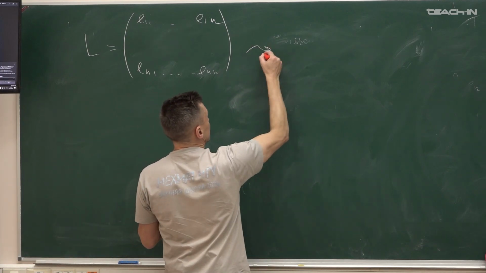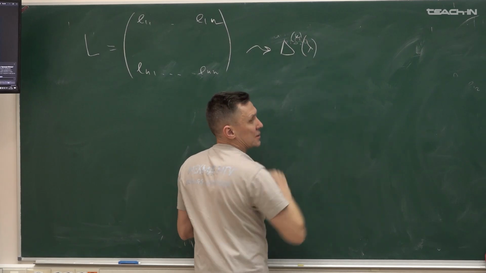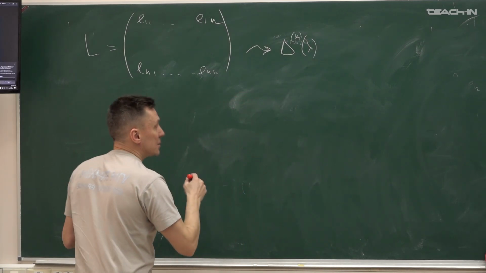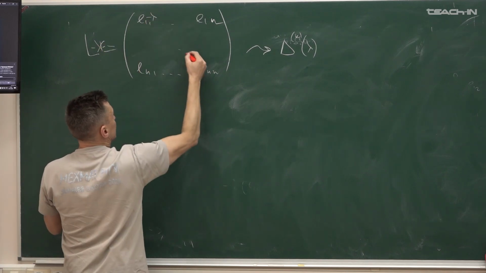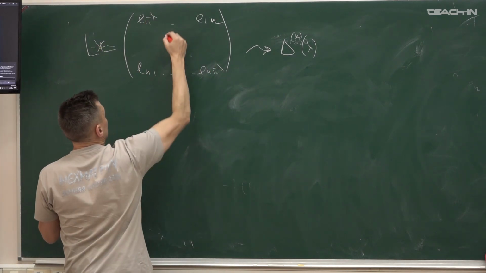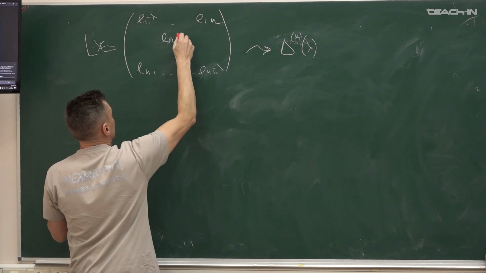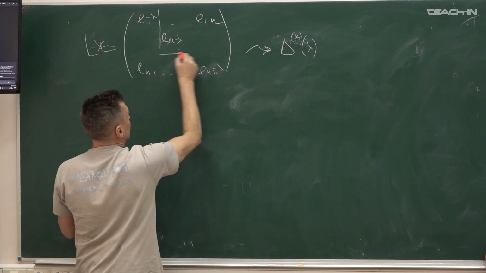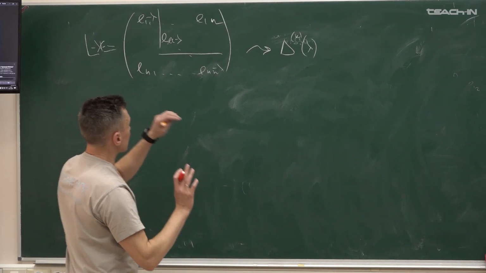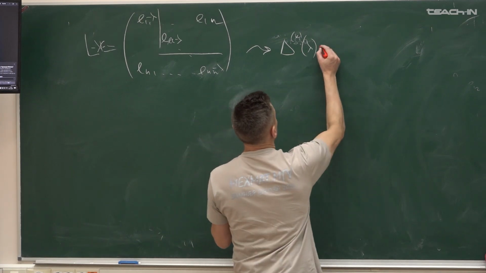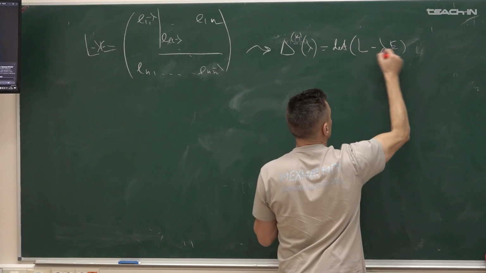When we calculate delta_K of lambda, we consider such a corner determinant of L minus lambda E_K.